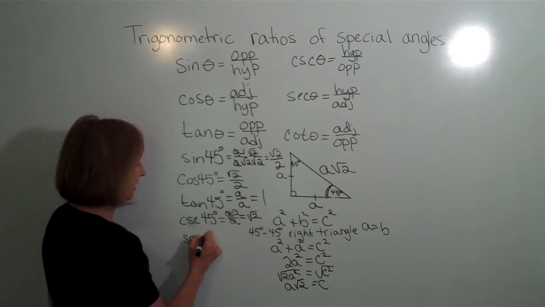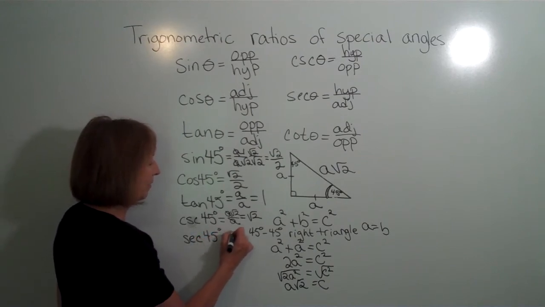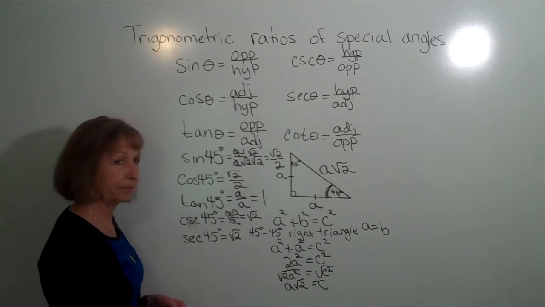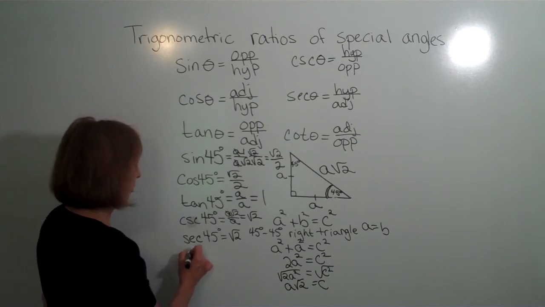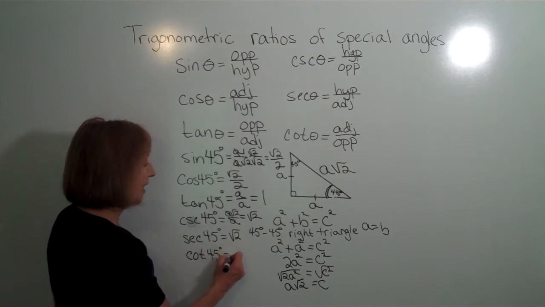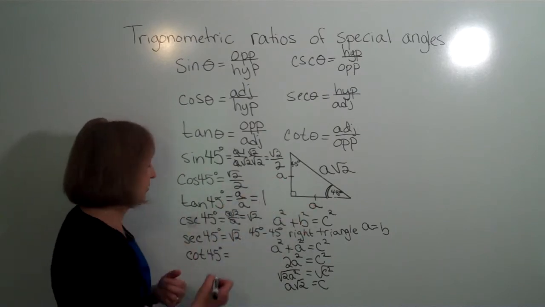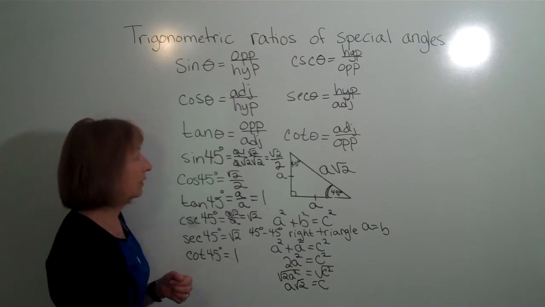The secant of 45 degrees, the exact same thing's going to happen, and I'm going to get the square root of 2. And then for the cotangent of 45 degrees, that is your adjacent over your opposite, but that will just give me 1.